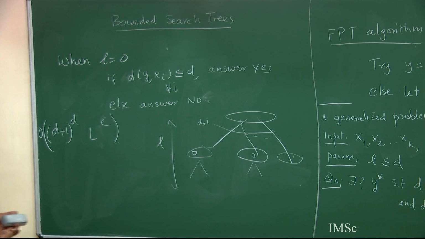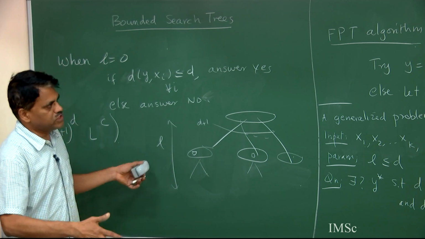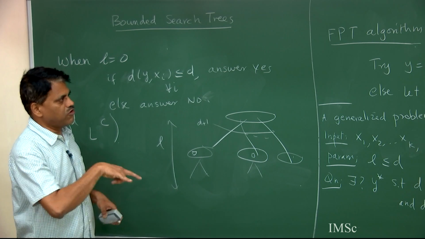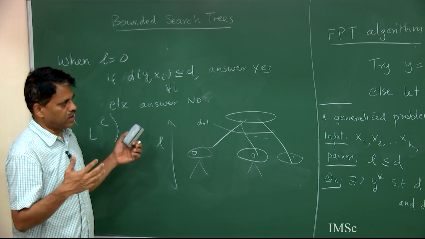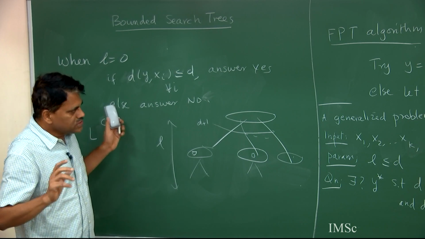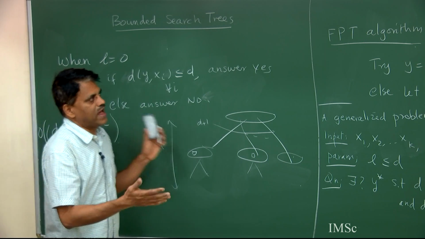So, somehow we need a branching, we need some fixing of characters in some positions, and starting with one of the strings gives me that handle.